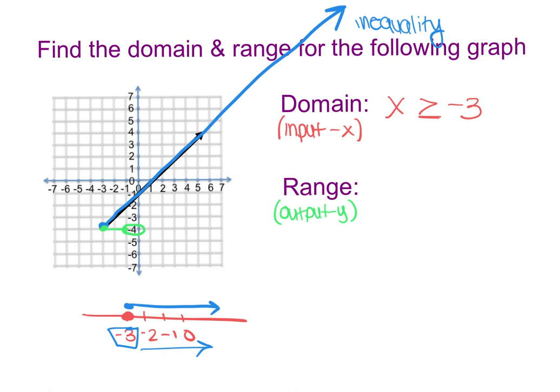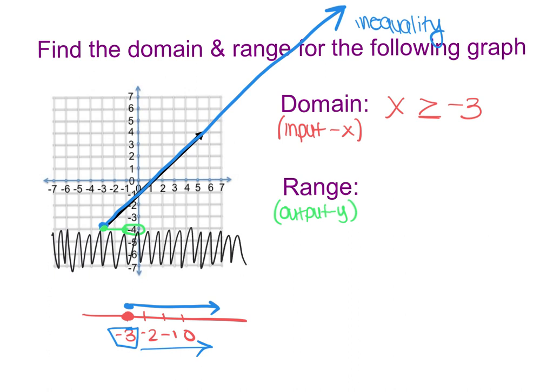Then if I look here, what I notice about this -4 is that the graph, that line in blue, could pretty much exist even if the whole bottom part of this graph didn't exist, right? We don't need those y values on the graph. The y values that we need to create points on this graph are the y values that start at -4 and then work their way up. And so I need this y value to make this point, and this y value to make this point, and this y value to make this point, and so on and so forth.